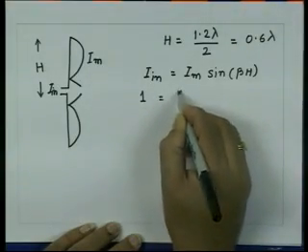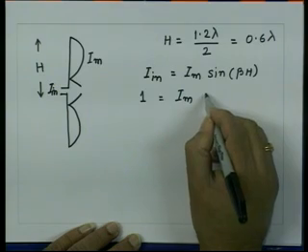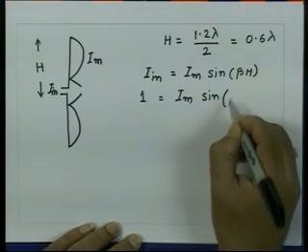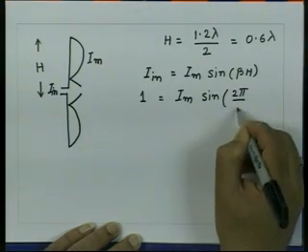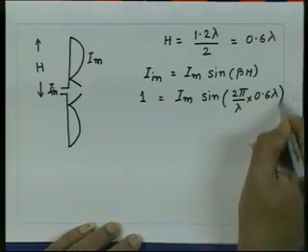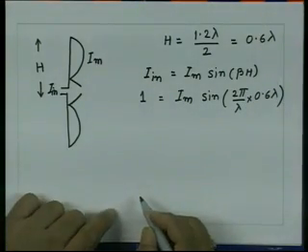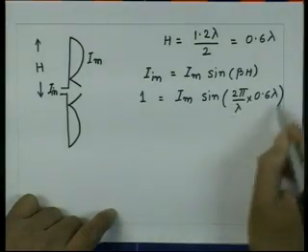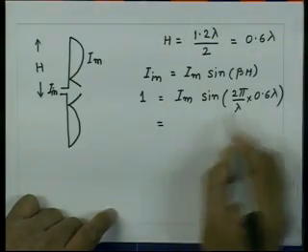So that is equal to Im sine of beta h, where beta is 2 pi by lambda, into 0.6 lambda. This quantity is 1.2 pi.